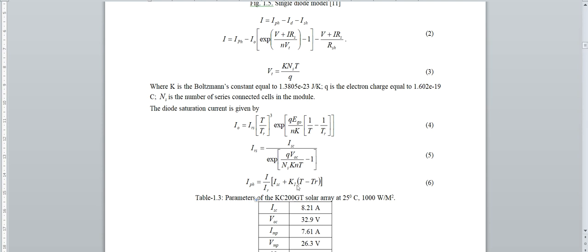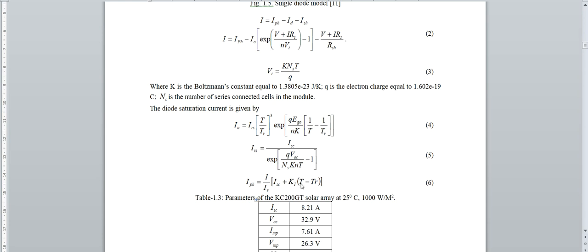Here is the Iph equation. Here we have to describe the light generated current of the PV cell, which depends linearly on the solar radiation and is also influenced by the temperature according to the following equation. This equation represents the photovoltaic current.